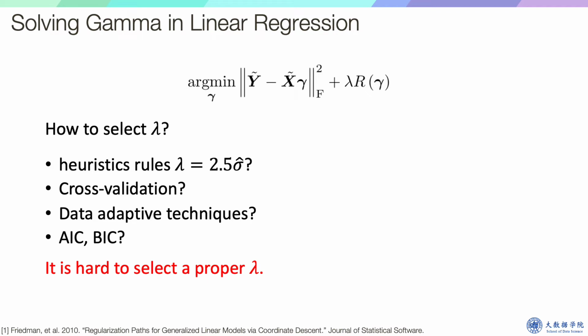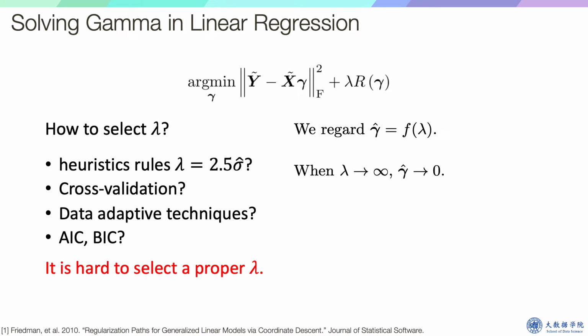This inspires us to sequentially consider all available solutions for all sparse variables along the regularization path by regarding the solution of gamma as a function of lambda. When lambda turns to infinity, gamma will turn to zero.